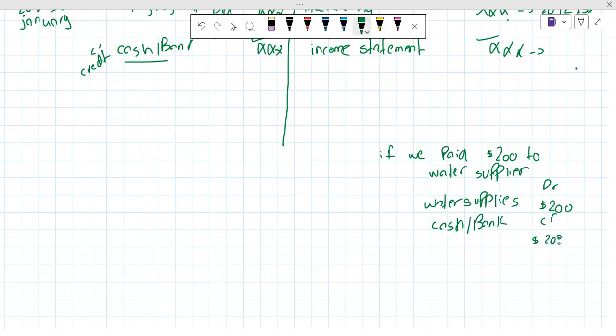So PAP is basically the expense account.